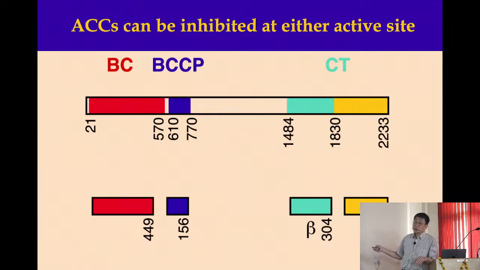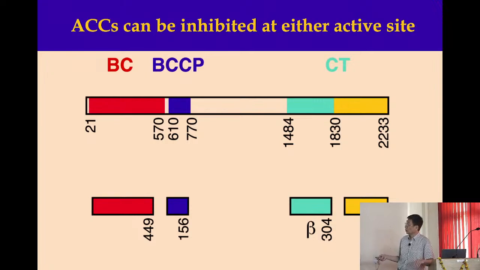Up here is the yeast enzyme, the eukaryotic enzyme. As you can see, it's multi-domain but a single chain. A gigantic enzyme, 2200 residues. As you'll see soon, the human enzyme looks just like the yeast enzyme. Well, we are eukaryotes as well. These are 250 kilodalton enzymes with domains that are homologous to the bacterial enzymes: BC domain, BCCP domain, and then 2 domains for the CT activity.